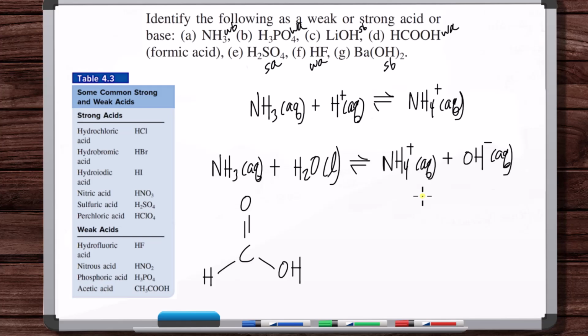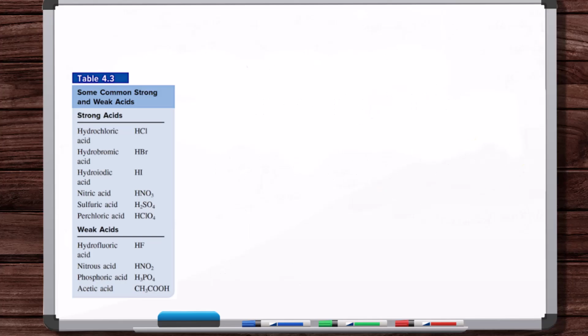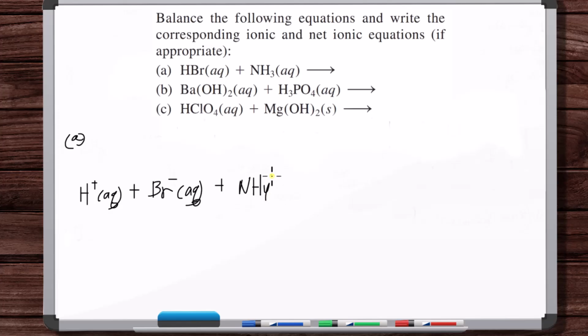But for simplicity, like we did with the diprotic acid earlier, we're just going to assume a full dissociation here. So we're just going to write in the ionic equation these 2 ions: NH4 plus aqueous and OH minus aqueous. So here's the state the instant the solutions are mixed, before any ions have had a chance to interact.